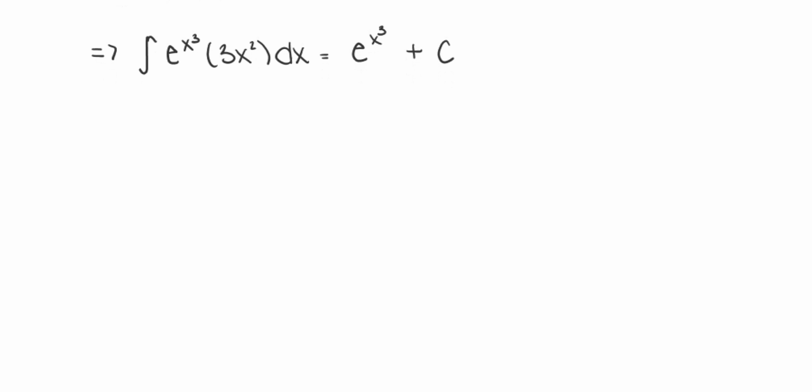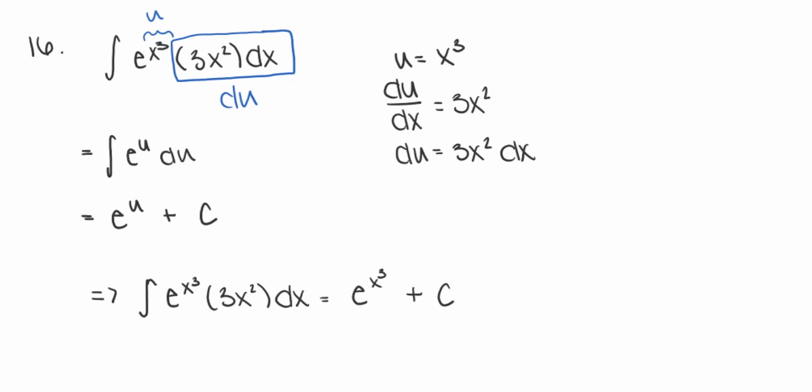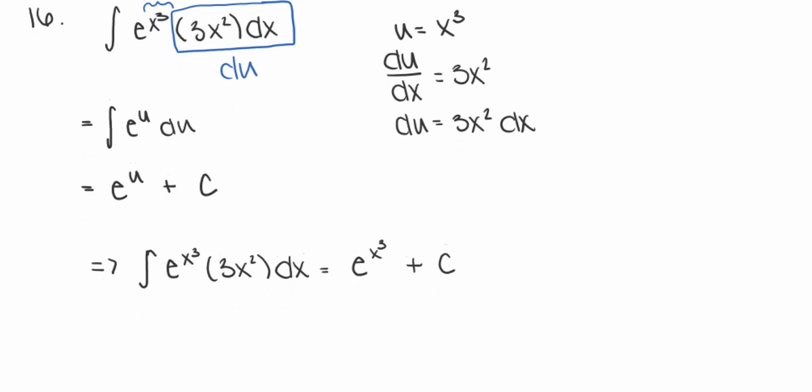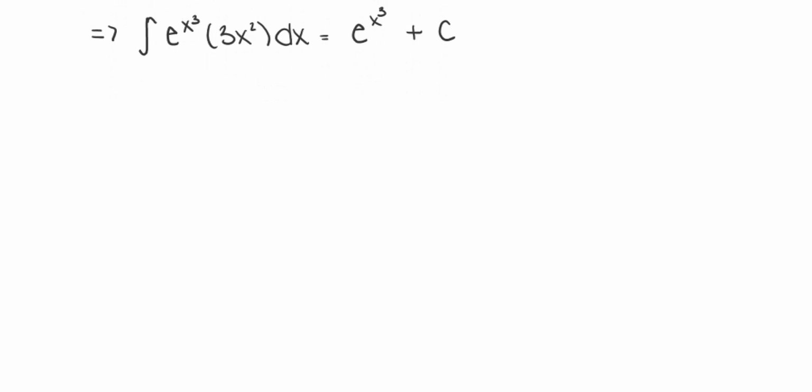The only real difference between 12.2a and 12.2b is that in 12.2a your du always matches perfectly with what you have in the expression. In part B, you'll have to manipulate your du in some way to get it to match correctly. Okay, so let's look at a problem like that.